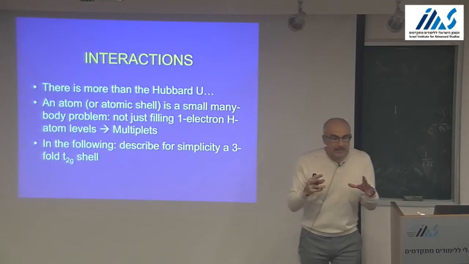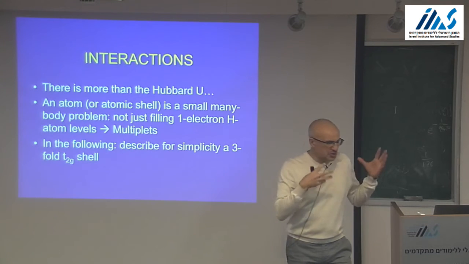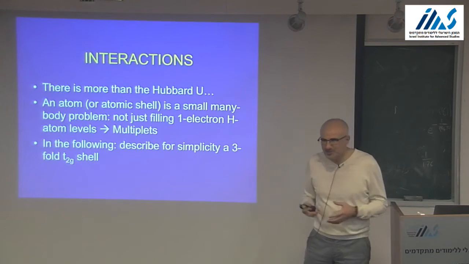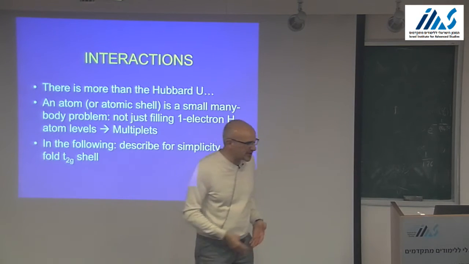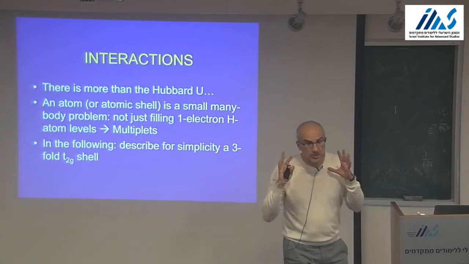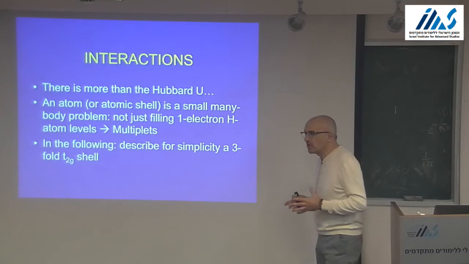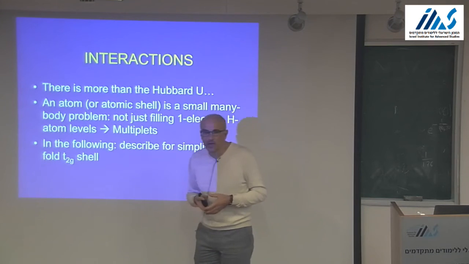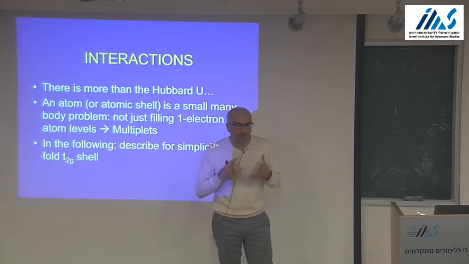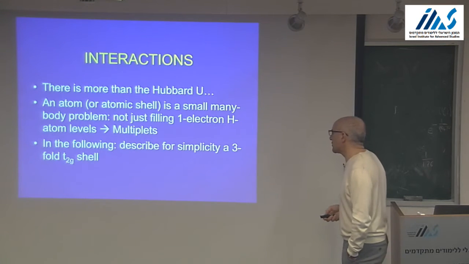So an isolated atom is a small, well, actually not so small in terms of size of Hilbert space, but compared to the infinite volume Hubbard model, it's still small. It's a small many-body problem. And we need to think about the eigenstates of this many-body problem. That's what we call the multiplets of a given atom or atomic shell. So let me show you how it works.